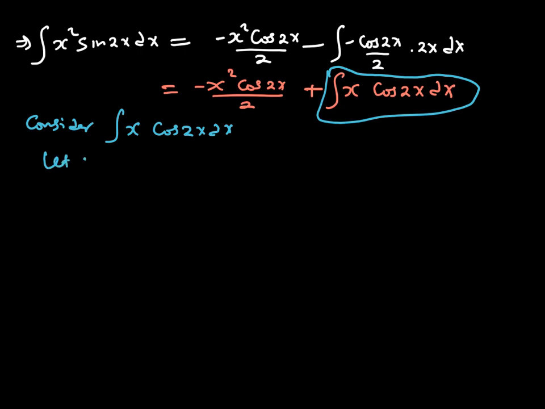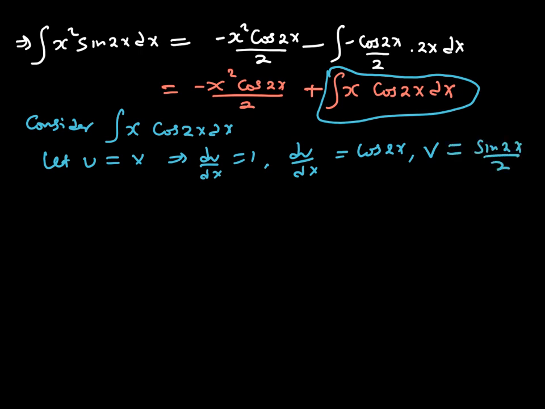Let u equal x, meaning that du/dx is equal to 1. Then dv/dx is the cosine of 2x. The good thing, we have integrated this before, so v is going to be sine 2x over 2.